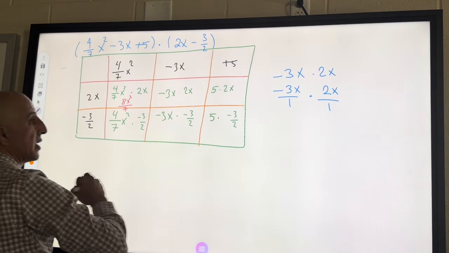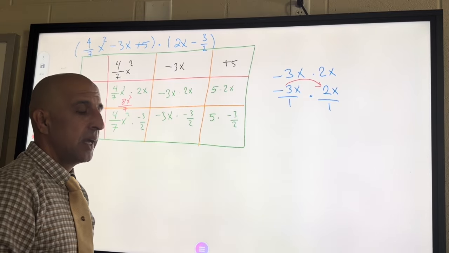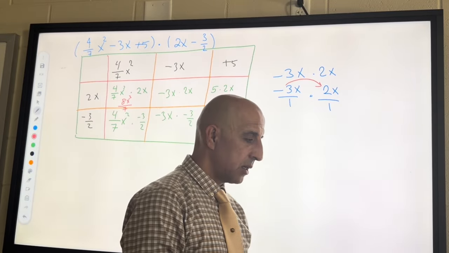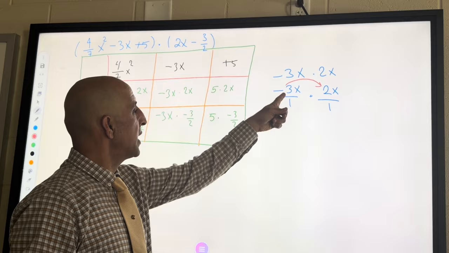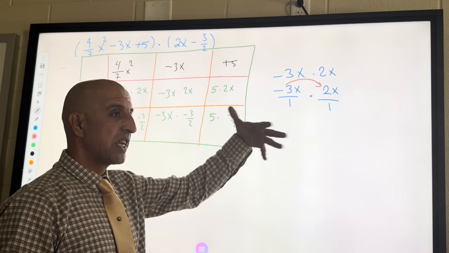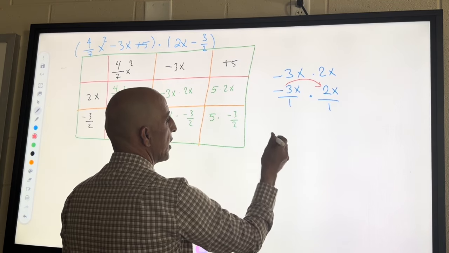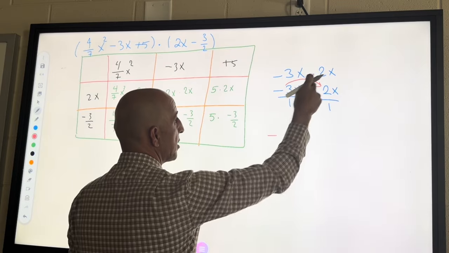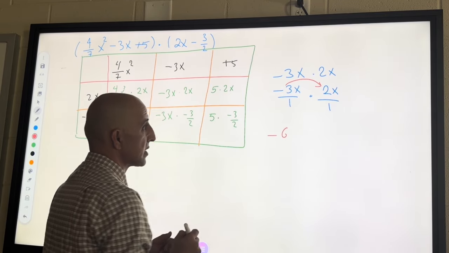We can start now with negative 3 multiplied by 2. And as I taught you before, the negative sign all the time in multiplication is the strongest. So it's stronger than the positive sign. So the answer will be negative. So negative 3 multiplied by 2 is negative. Now 3 times 2, which is 6.